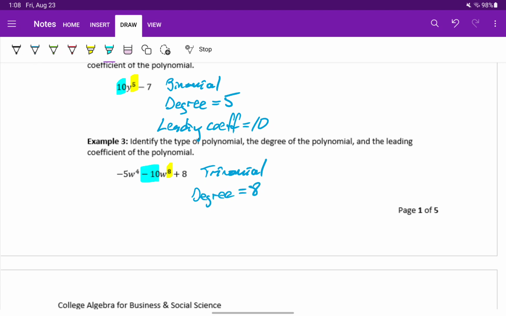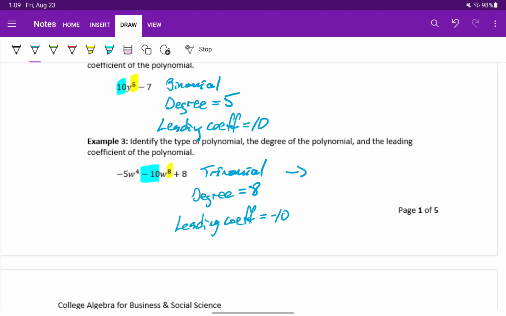And then the coefficient for that term will be negative 10. So we want to be careful if our polynomial powers aren't in descending order. The leading coefficient, the degree of that polynomial, might not be determined by the first term in that polynomial.